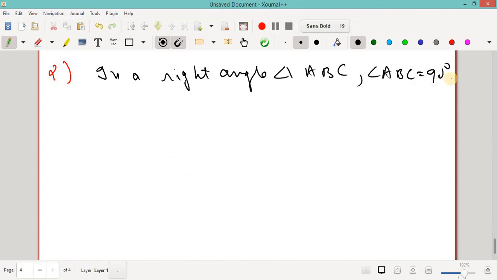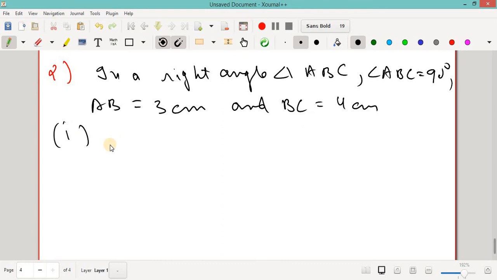And one of the sides, for example, AB is given as 3 centimeter, and BC is given as 4 centimeter. Now let us find sin A, and let us find, for example, cos C, because we can find A and C only, because you can see B will always be 90 degree. And we cannot find other sine, cos angles for that.